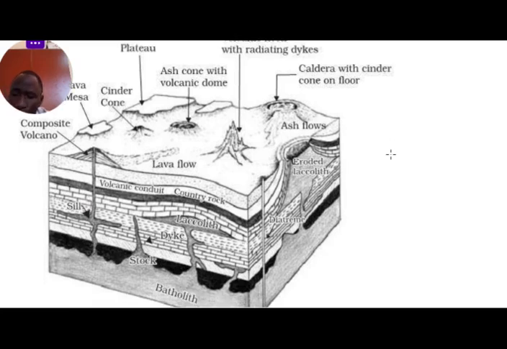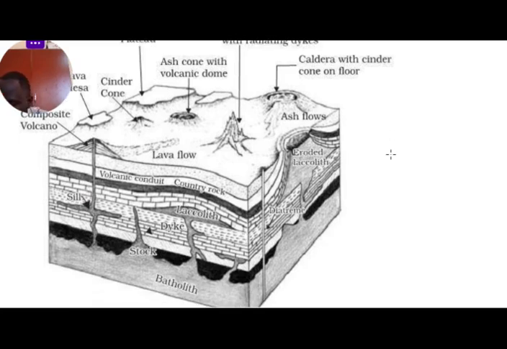When you move on, we are seeing some of the other features that may be formed at the end. The intrusive ones, we are seeing a sill. Then look at the dike, look at the laccolith, look at the eroded laccolith also there.